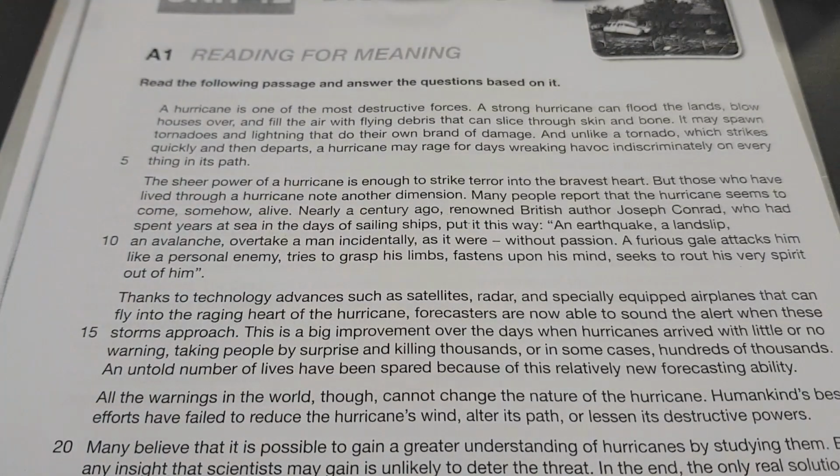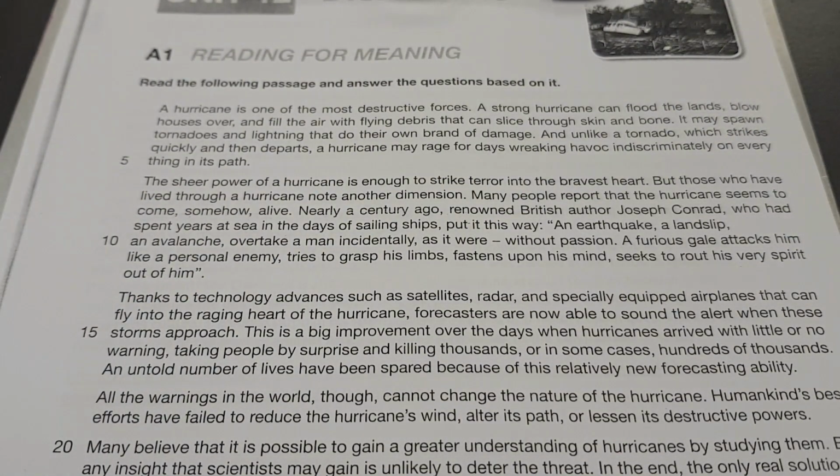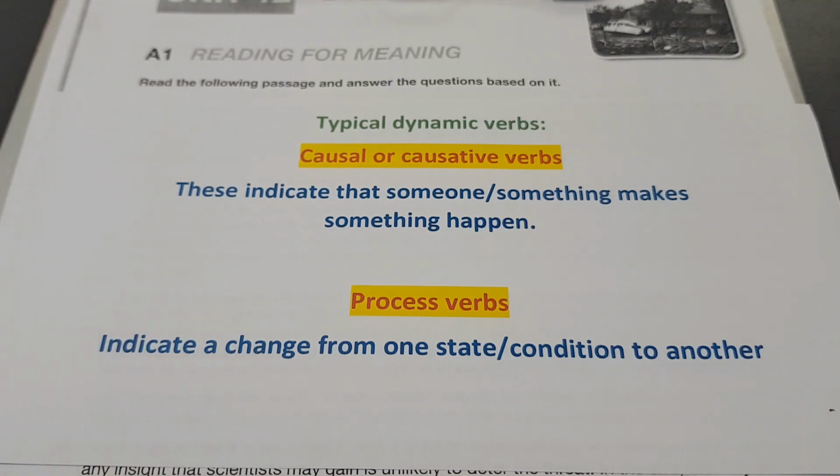Now, what can happen is that you can get passages where we have dynamic verbs such as causal verbs, which show you that someone or something is making something else happen.